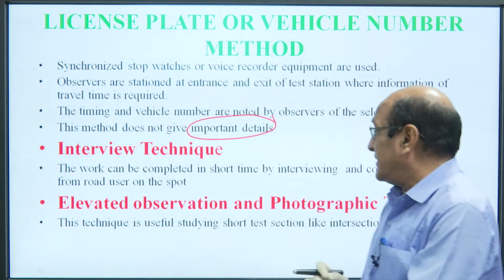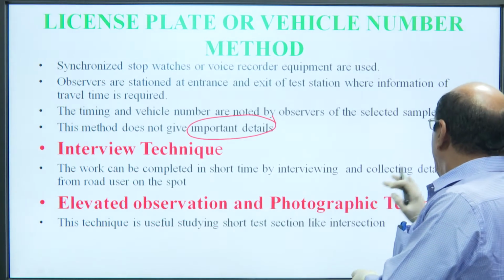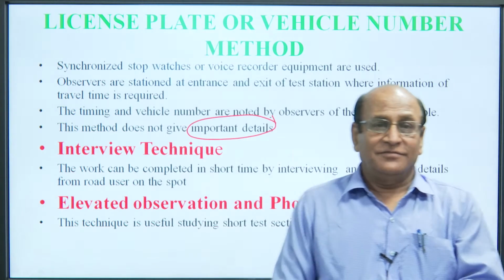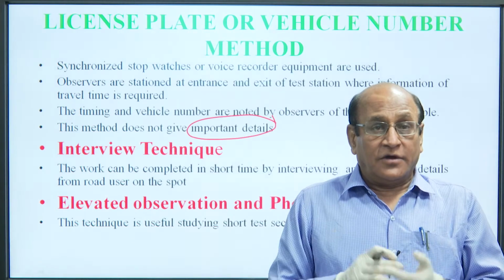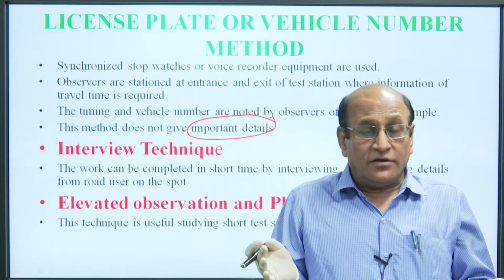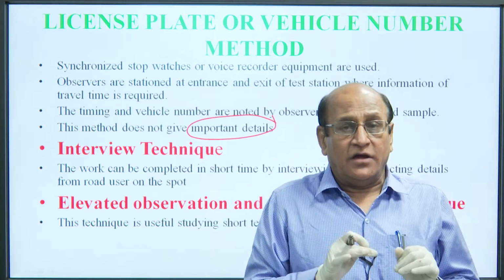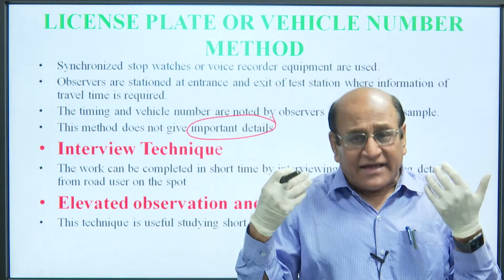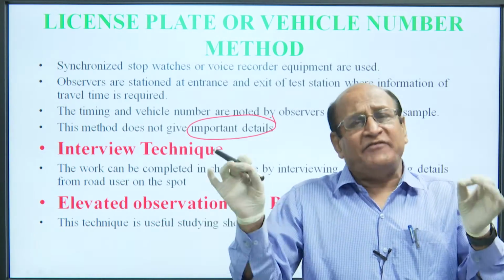Next is the interview technique. This work can be completed in a short time by interviewing and collecting the details from the road users on the spot. If it is quite necessary to collect the data, then the interview technique is quite okay. At the spot, you make a questionnaire, give it to the road user, and collect it after it is filled.